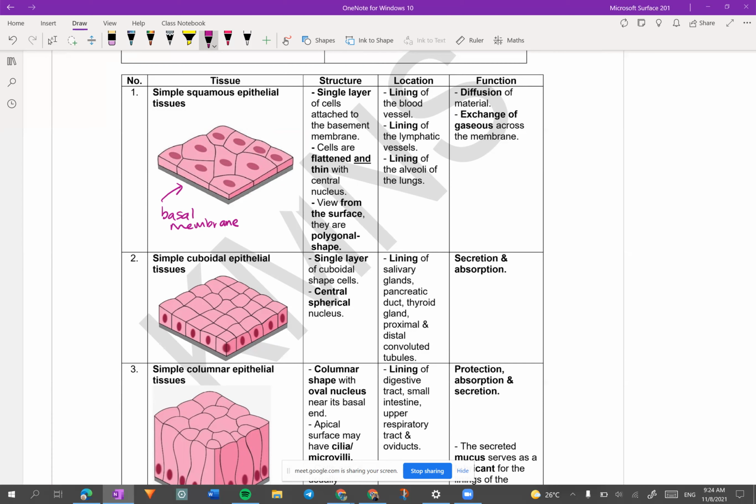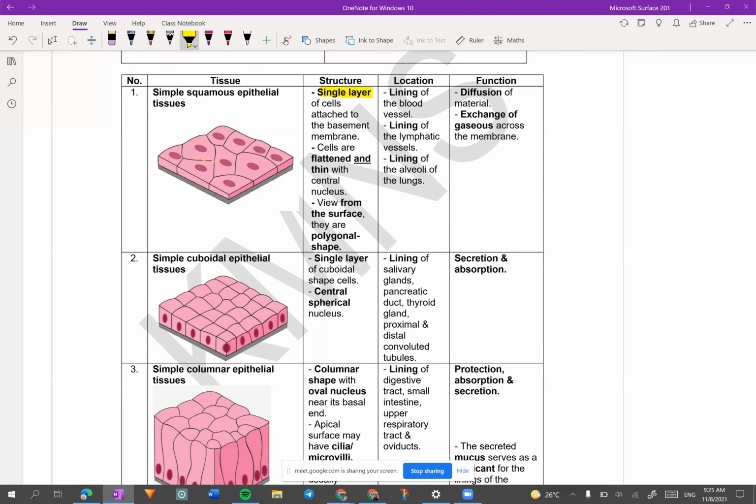Satu sel saja, betul? Unless kalau ada sel lagi ke atas ni, baru kita panggil dia sebagai stratified squamous. So right now in this picture, kita ada simple squamous. Dan dia lebih kurang macam polygonal tadi sebab nampak macam ada lekuk-lekuk sikit.